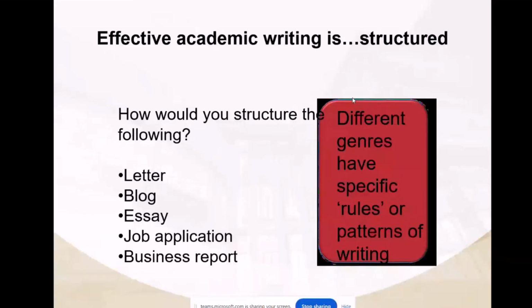Even when you write an essay, think of how you would structure your essay. Think of how you would structure a business report, because all of them are genres that have rules. They follow certain patterns, and those patterns must be known to the students.